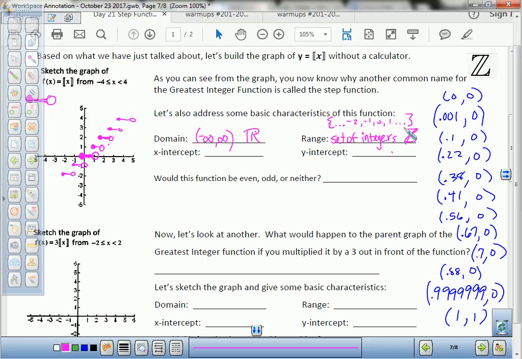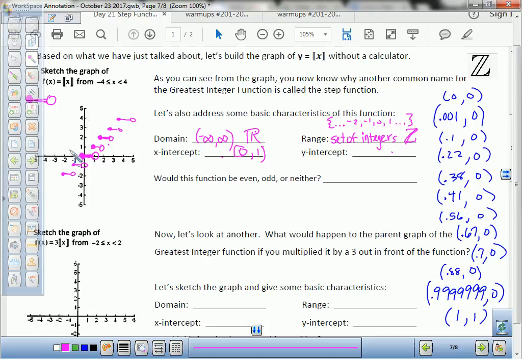So, it intercepts the x-axis from 0 until we get to 1. Now, at 1, it jumps. So we have to use a parenthesis right there because it doesn't include the 1. Hence the open circle.